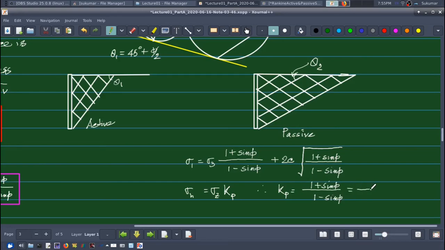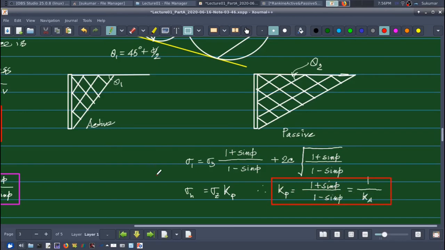This is nothing but 1 upon Ka. This also we have seen. Okay, so this is the formula for the passive earth pressure coefficient.